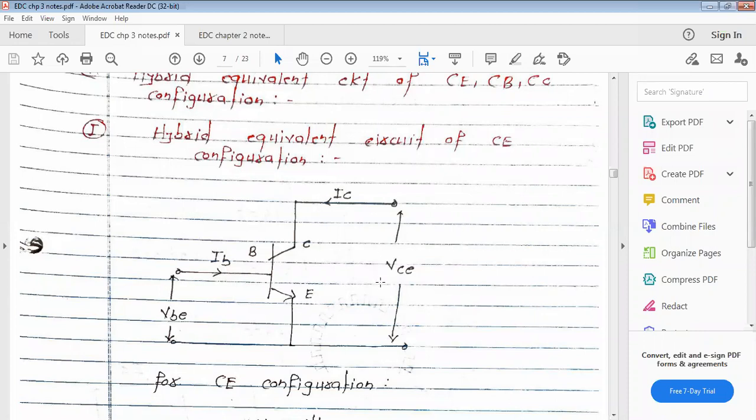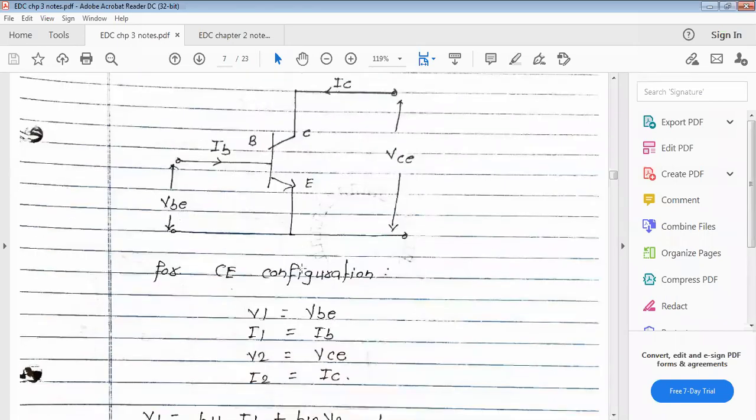So we connect the voltage source separately at the output and separately at the input. If we connect the source here, the direction is towards the transistor. If we connect one source here, the direction is also towards the transistor, and that's why we show the direction of IC like this. So we have to find the equivalent circuit for this common emitter.